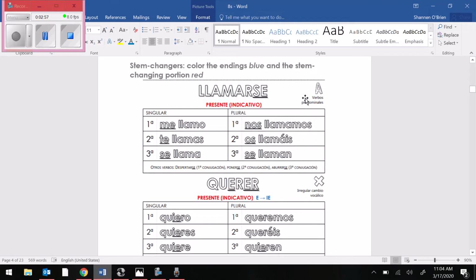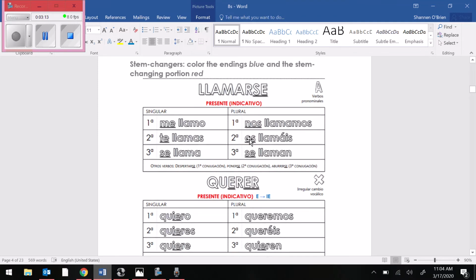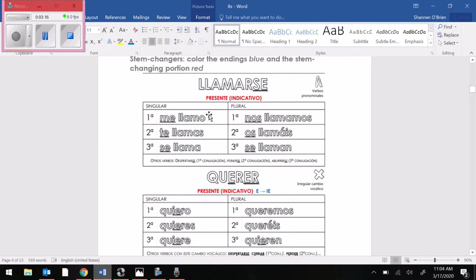This thing over here on the right where it says verbos pronominales means that it's a verb with a pronoun attached, okay? We talked about your pronouns last week: me, te, se, nos, and os. You guys can leave those blank because I did not say anything about coloring the pronouns. For llamarse, it's a continuation of the first side of your day 2 page. So you're coloring o, as, a, amos, áis, and an, and that is it.